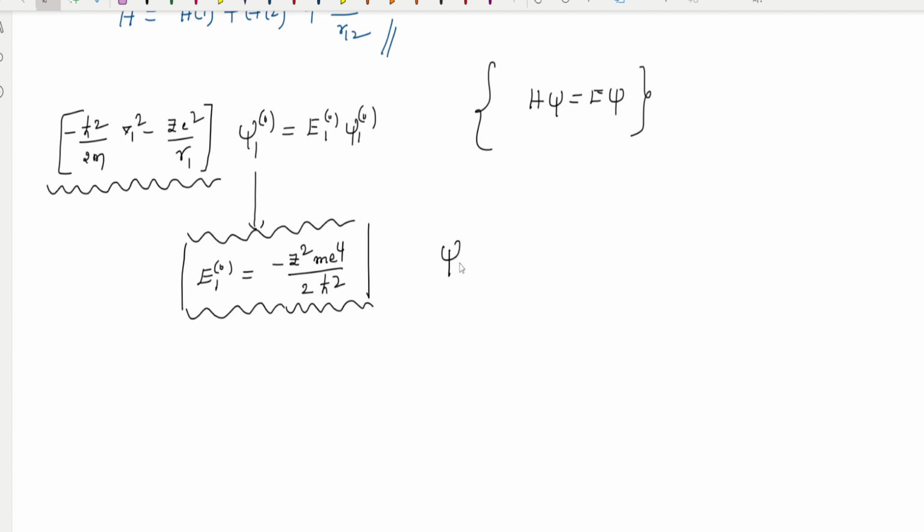The ground state wave function is Z cube divided by pi a naught cubed, whole power 1 divided by 2, times e to the minus Z r1 divided by a naught. This is important.